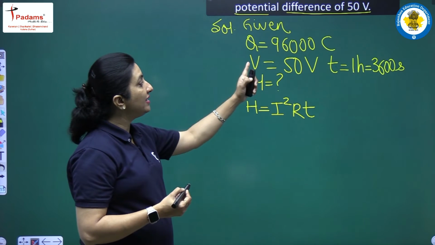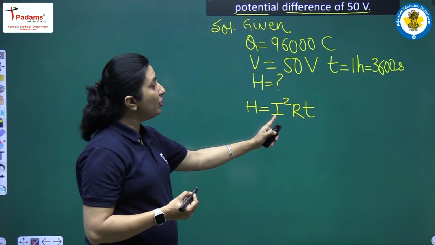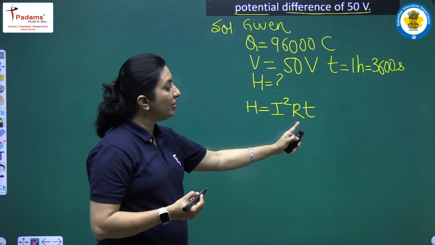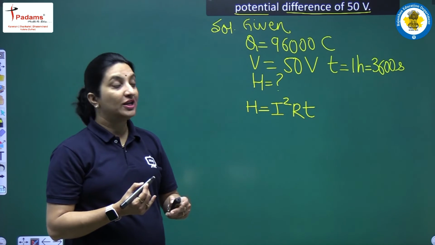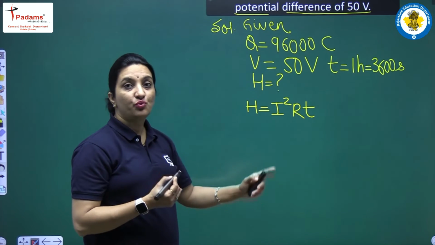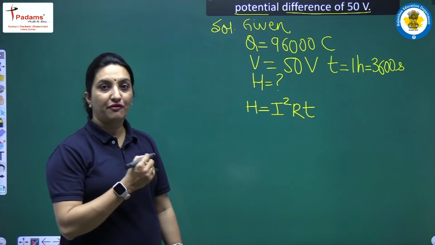So we can calculate this by calculating the value of I, then we can calculate the value of R, and there is one more simple way. In order to calculate this, we can use a different formula.